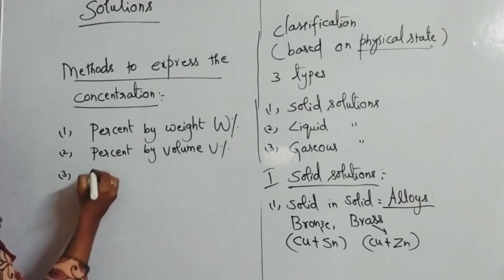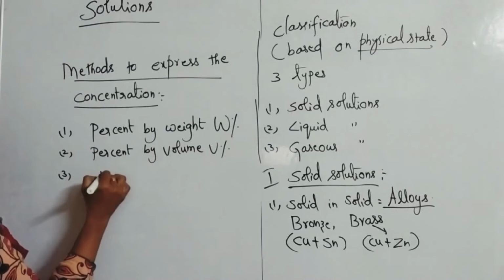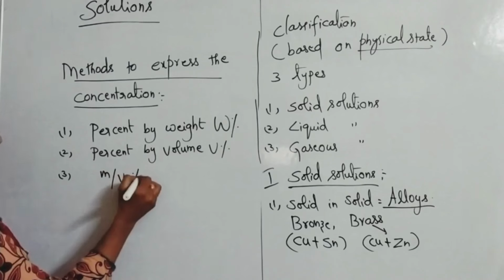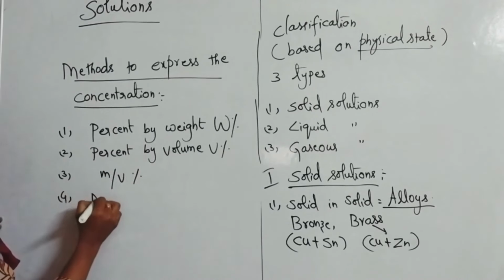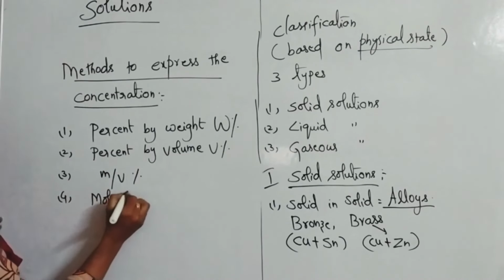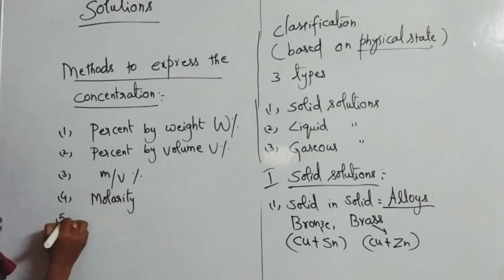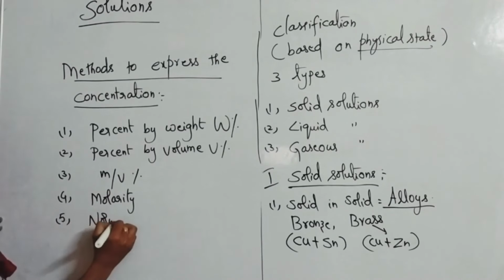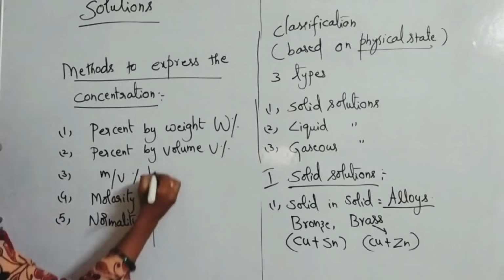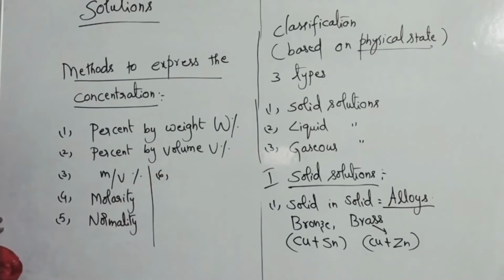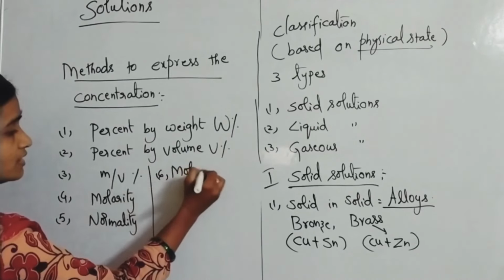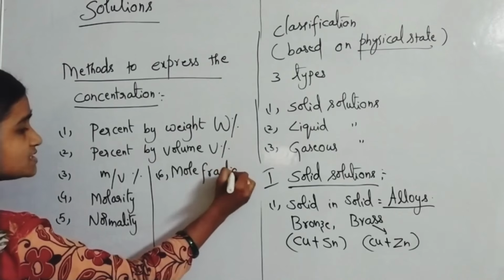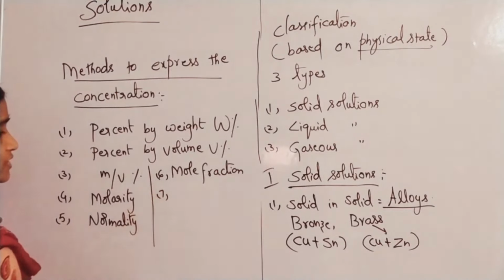The third one is mass by volume percent, M by V percentage. The fourth one is molarity. The fifth one is normality. And the sixth one is mole fraction. These are the different methods to express the concentration of a solution.